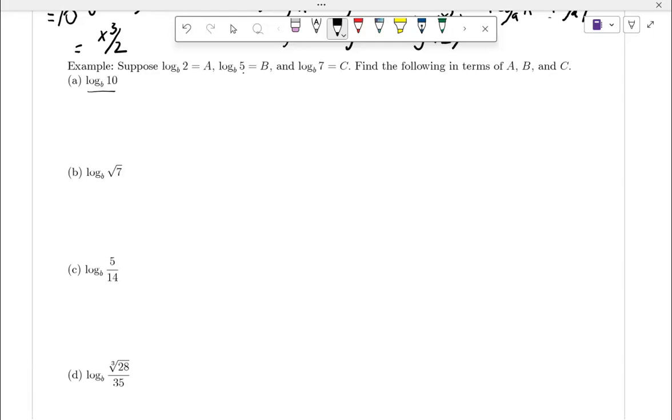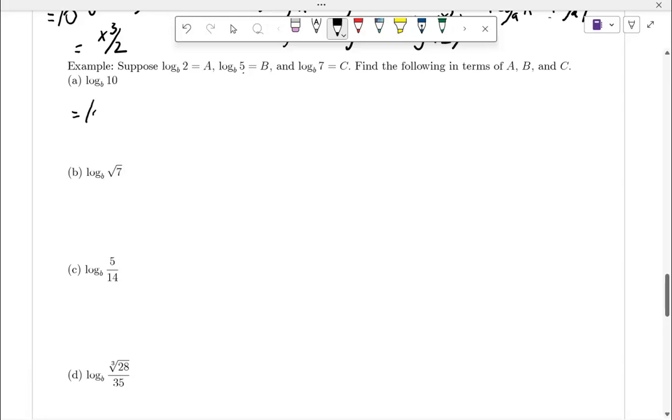So I want to rewrite what I have on the inside in terms of the insides of the things that I know. Looking at this one, how can you relate 10 to 2, 5, and or 7 using products or quotients or powers? What is 10 equal to? 2 times 5, right?